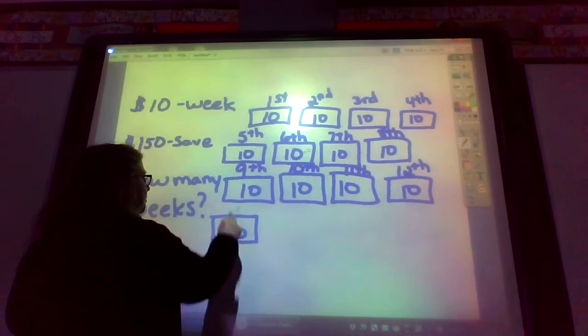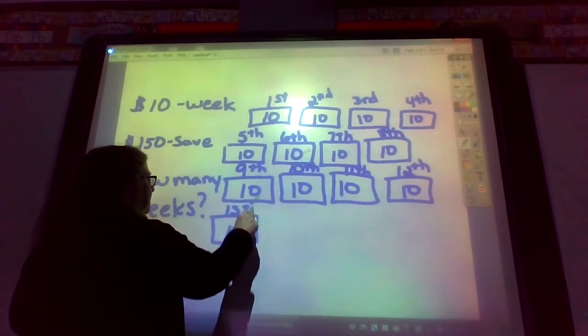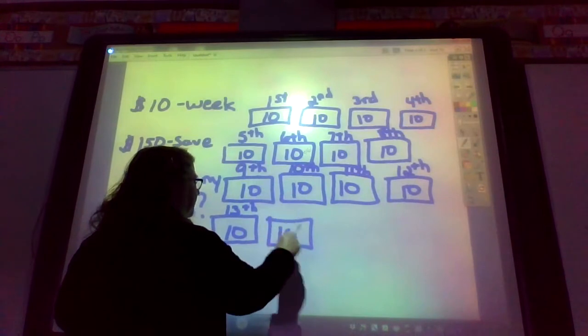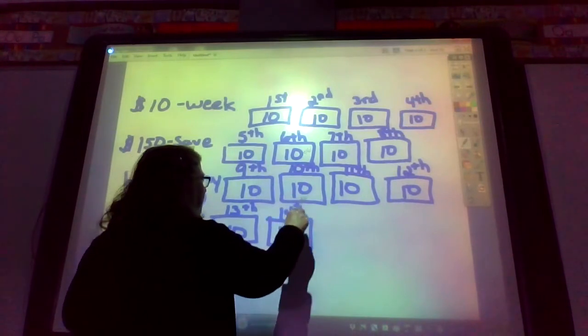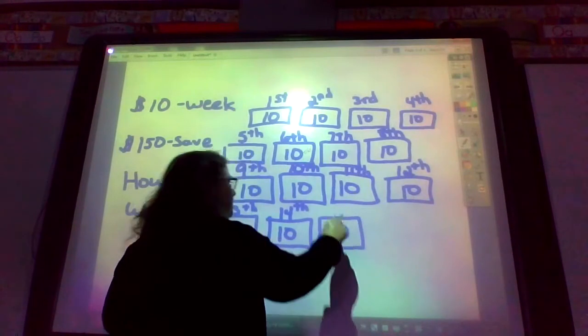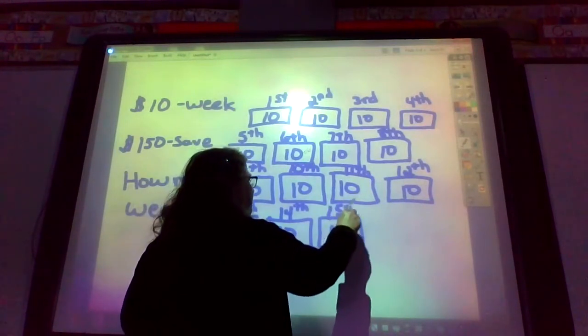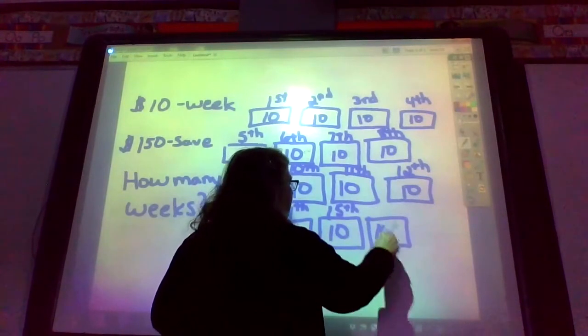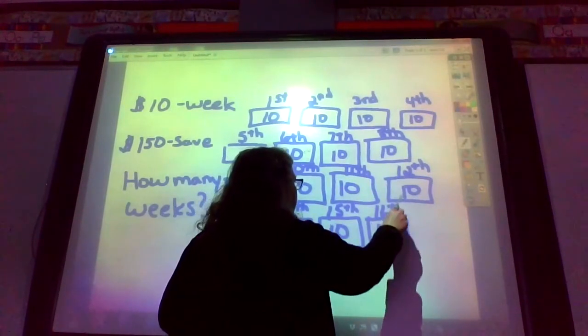$10 for the 13th week. $10 for the 14th week, $10 for the 15th week. Just going to finish my row. $10 for the 16th week.